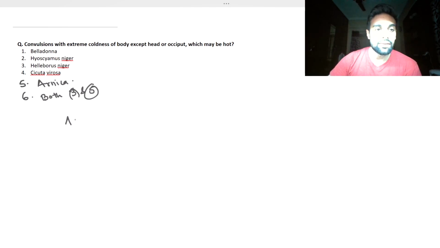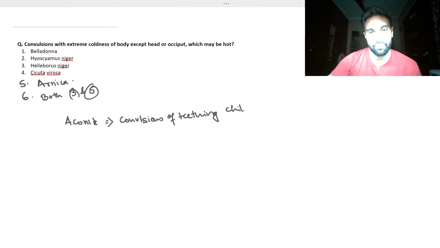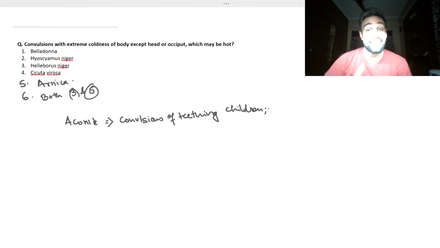So in aconite, it is written convulsions of teething children, heat, jerks and twitches of single muscles.